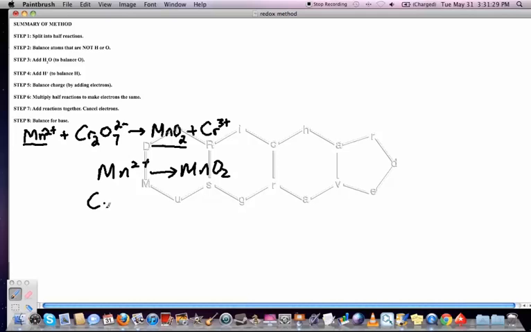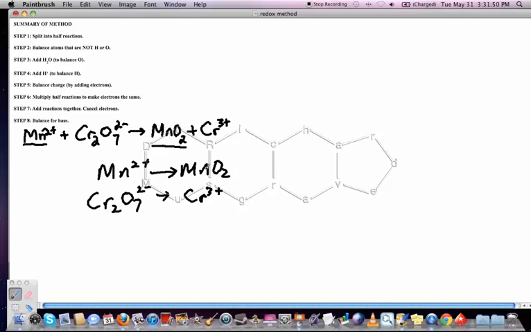And our other half reaction will be Cr2O7 2- gives Cr3+. So I took everything that involved manganese, that became one half reaction. Everything involving chromium became my other half reaction.